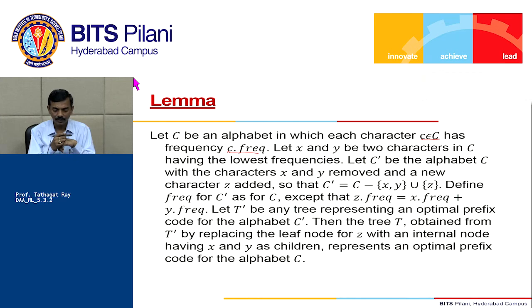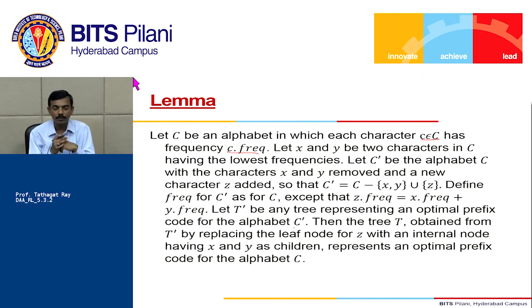Then we are claiming that, let T' be any tree representing an optimal prefix code for the alphabet C'. So we got this new alphabet C', and we are asking what is the optimal code for it.